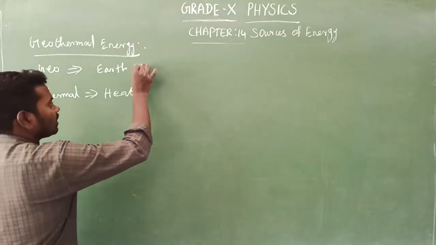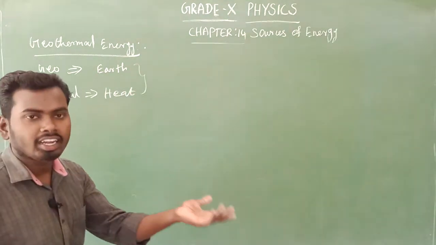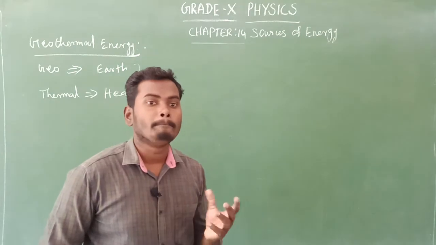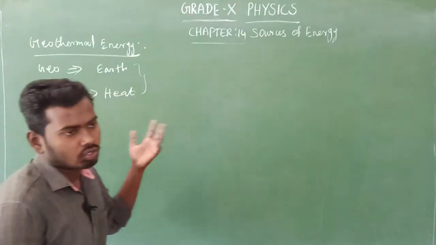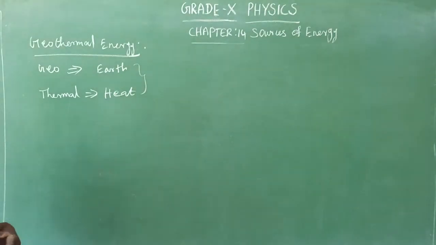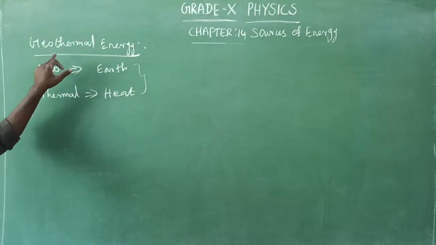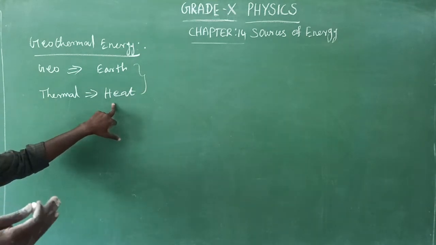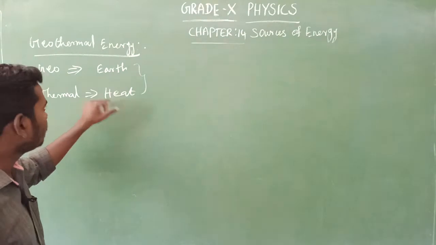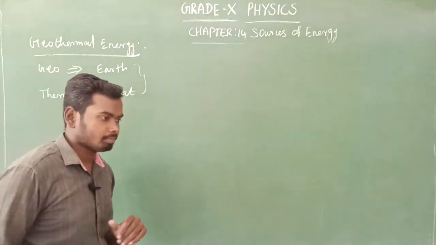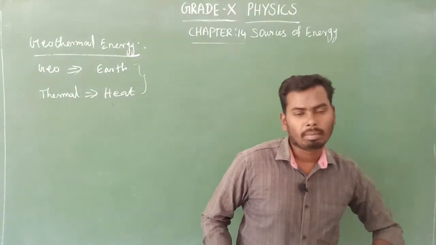The earth heat which is used to make some usable form of energy is called geothermal energy. The earth heat that is used to generate some usable form of energy like electrical energy is called geothermal energy. That is called geothermal energy.